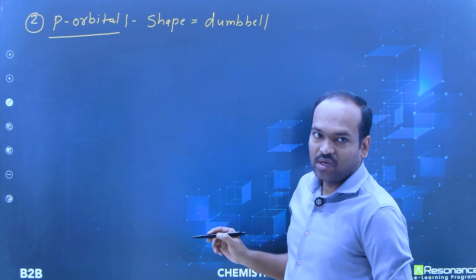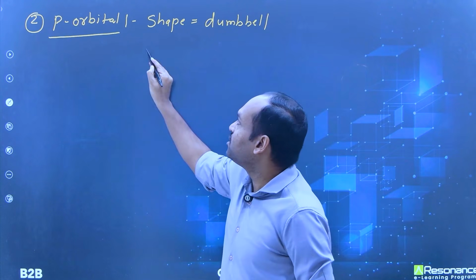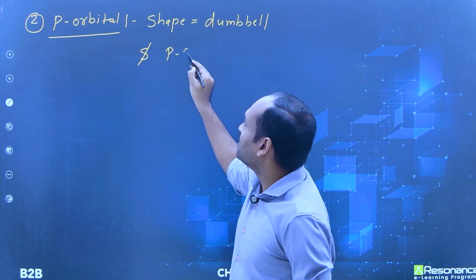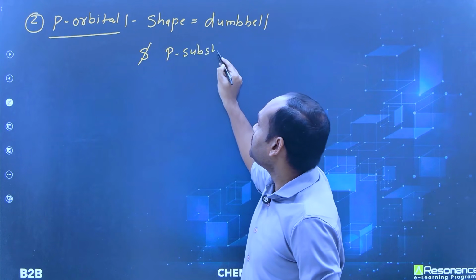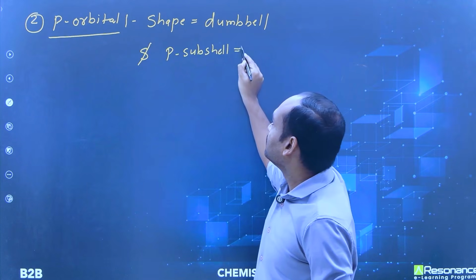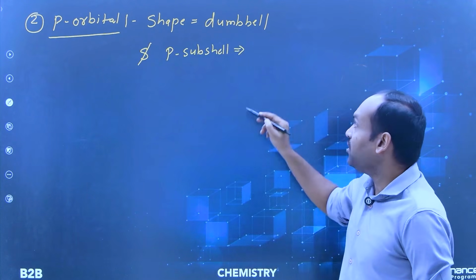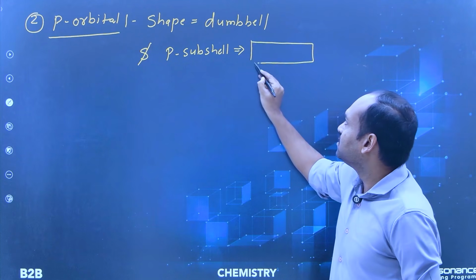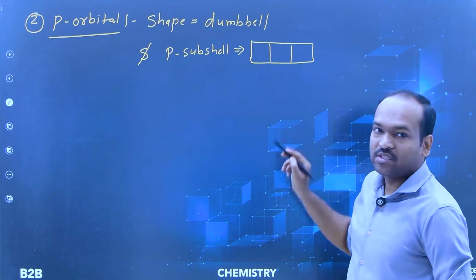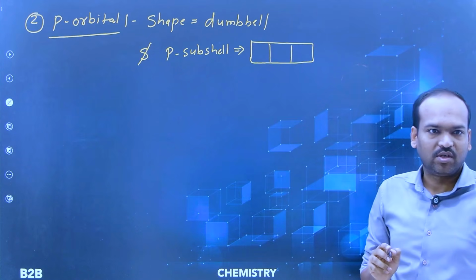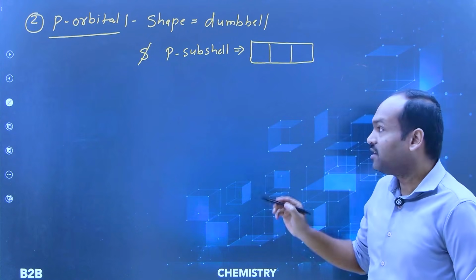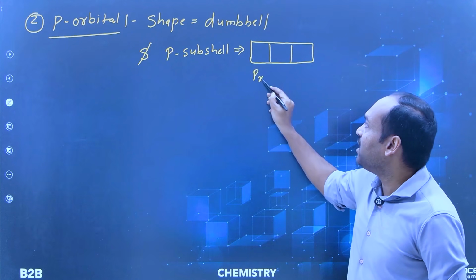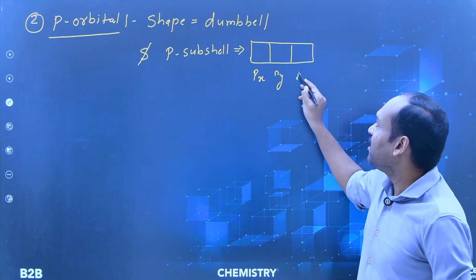In the p subshell, we have three p orbitals, represented by three boxes. Just listen carefully to what I am saying. These are three orbitals, which are px, py, and pz.